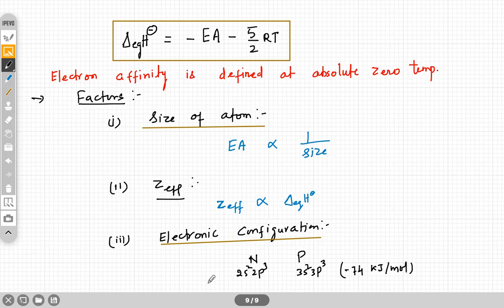But for nitrogen, energy is required to add an electron, plus 20 kilojoule per mole. So in these cases, the electron gain enthalpy may be positive. But when we compare the two atoms, we don't look at the sign, and we say phosphorus has more electron gain enthalpy. We only compare the magnitude.